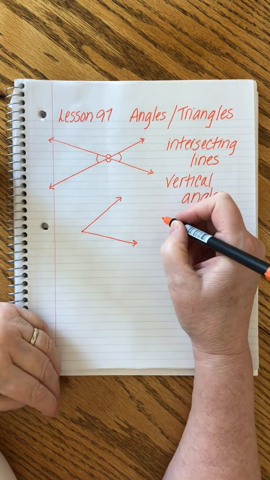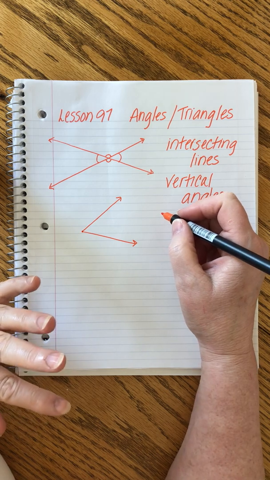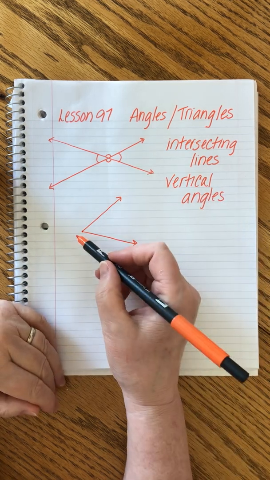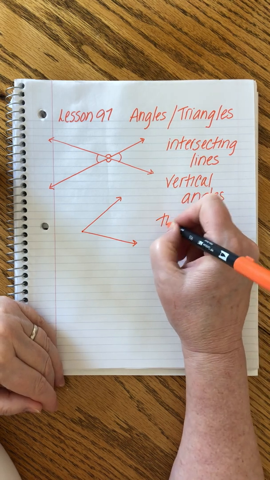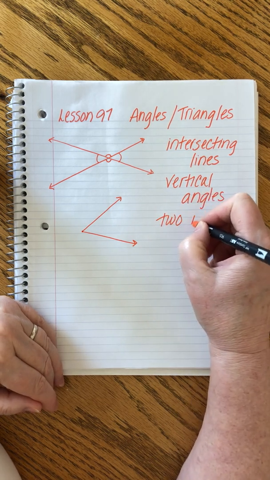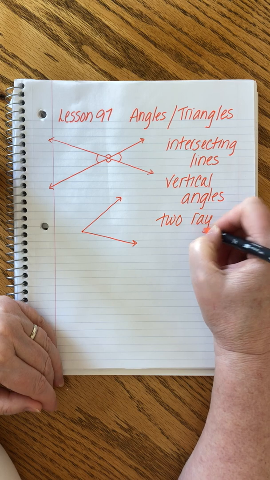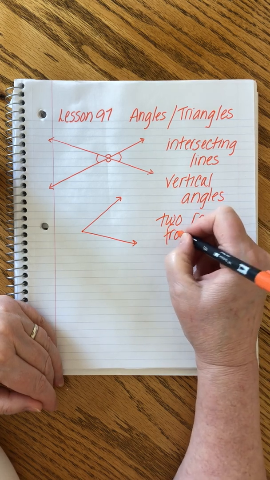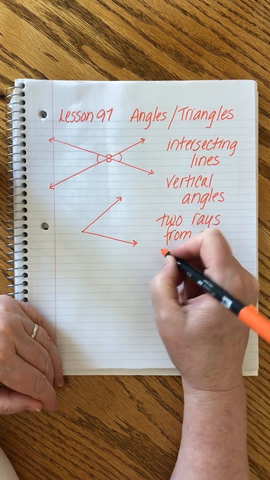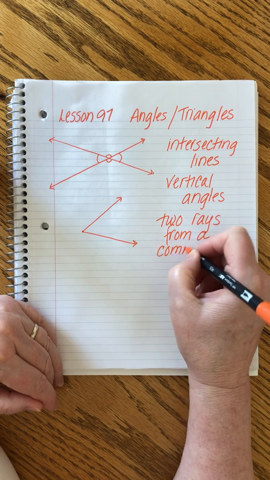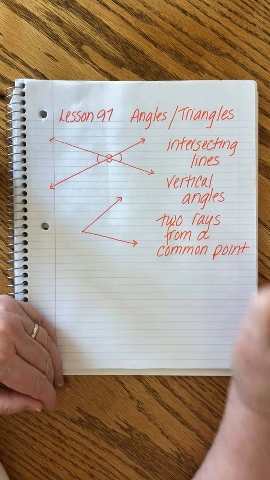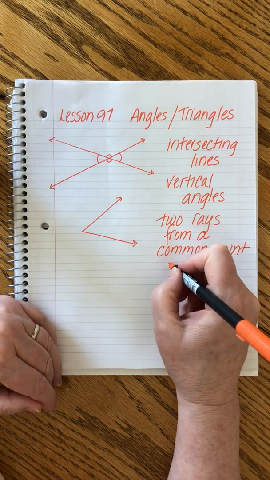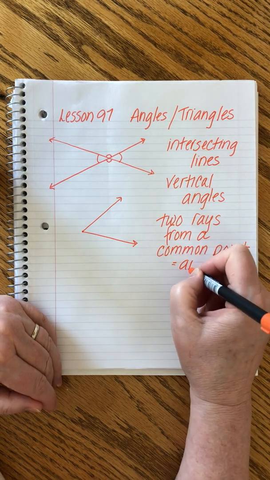A ray is a kind of half line. It's got an end point on one end, but then it goes to infinity on the other. So we can think of two rays that come from a common point, and we call that an angle.